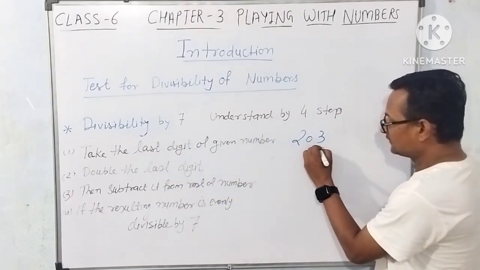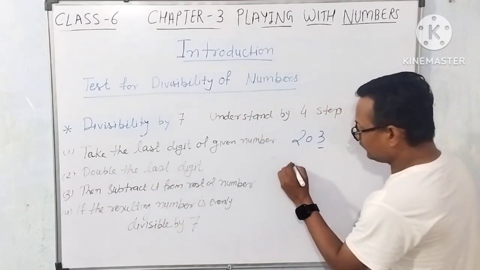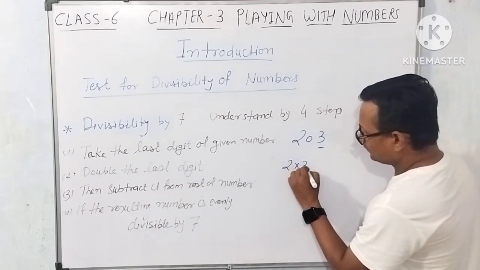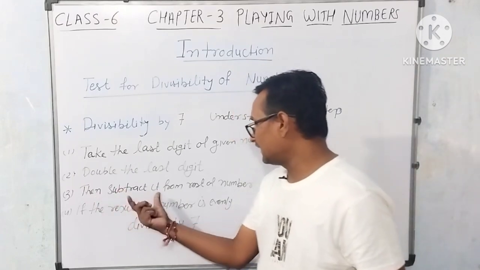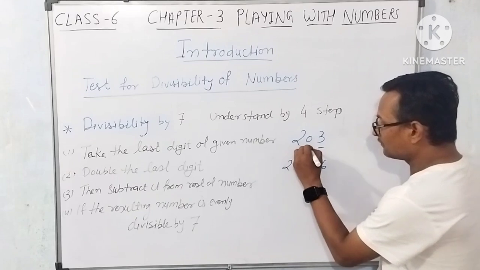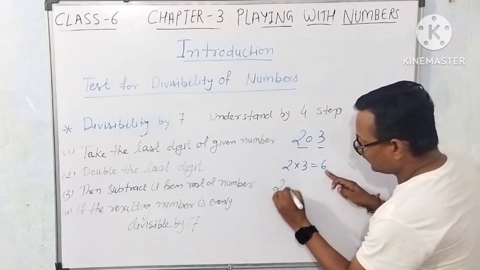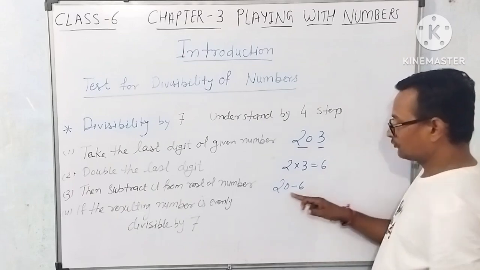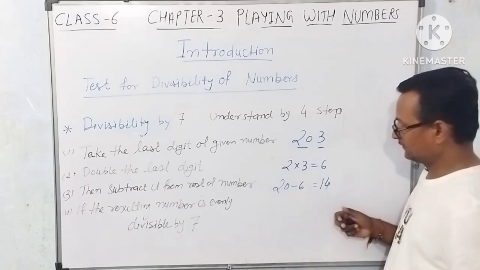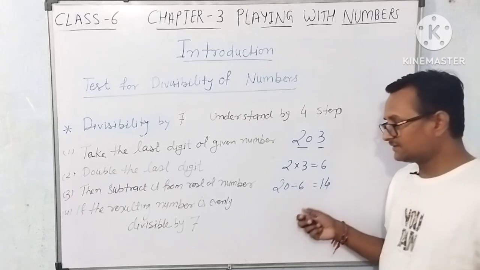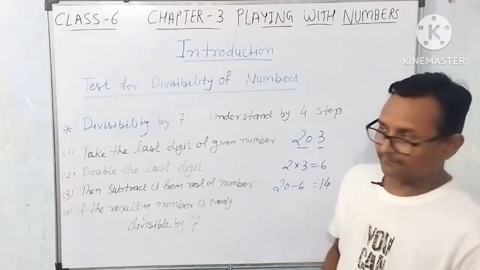The last digit is 3. Double the last digit: 2 into 3 equal to 6. Then subtract it from the rest of the number. The rest of the number is 20. So 20 minus 6 equal to 14. So 14 is divisible by 7. So we can say this number is divisible by 7.